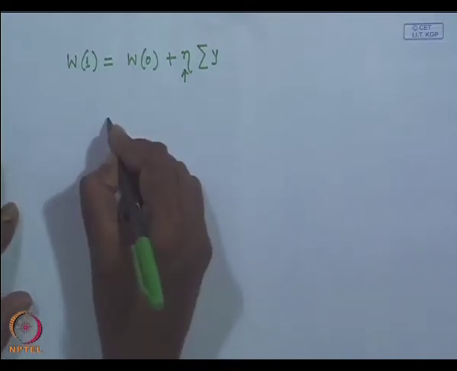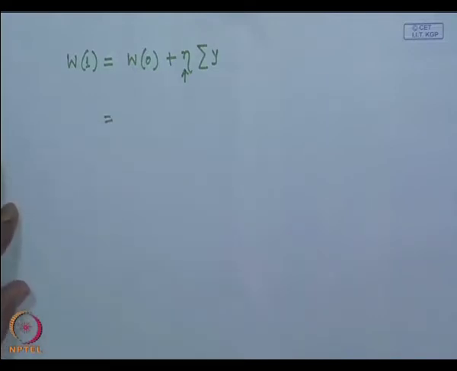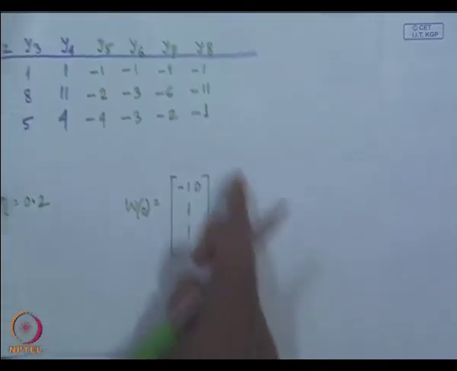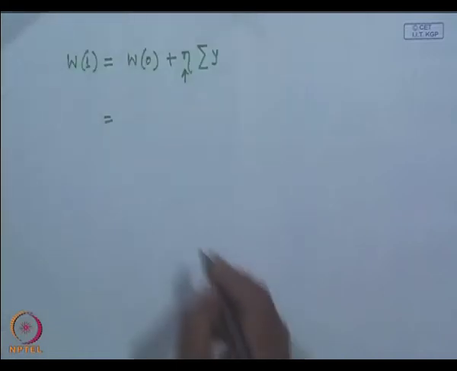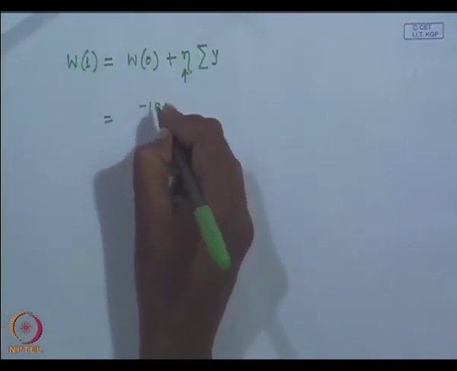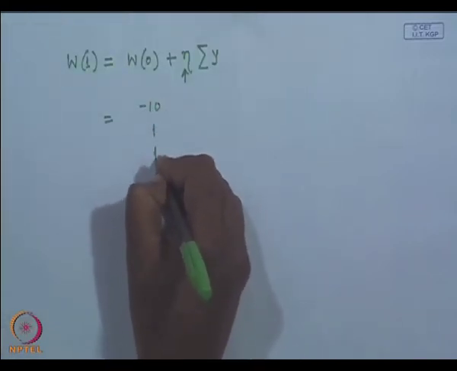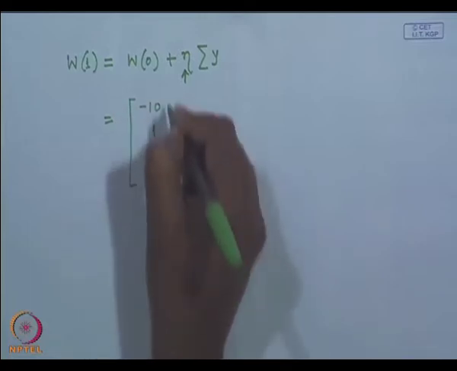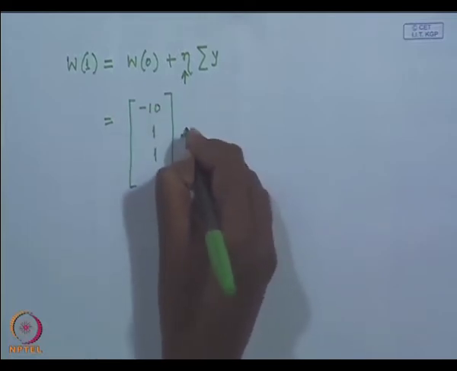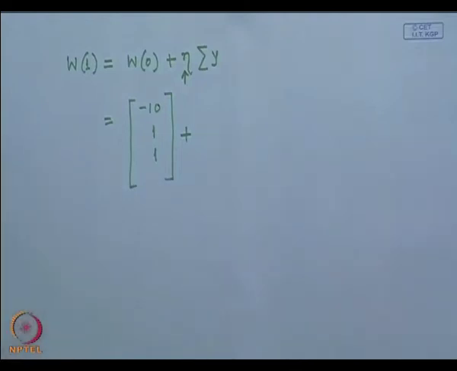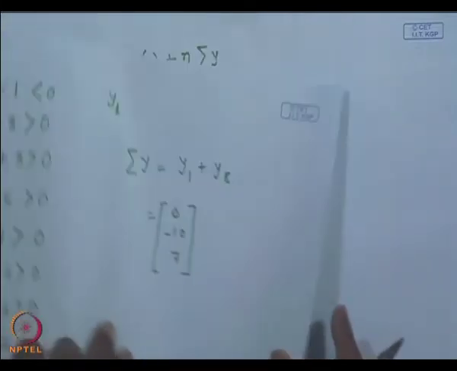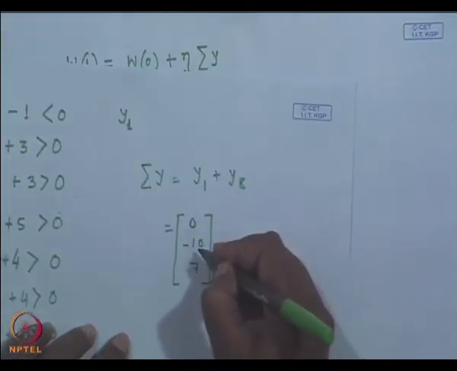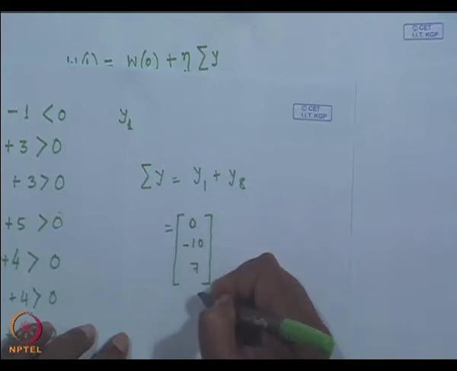So, this w 1 simply becomes, what was my w 0? w 0 was, if you look here, minus 10, 1, 1, plus eta, which is 0.2, times the sum of y, which is 0, minus 10, 7.